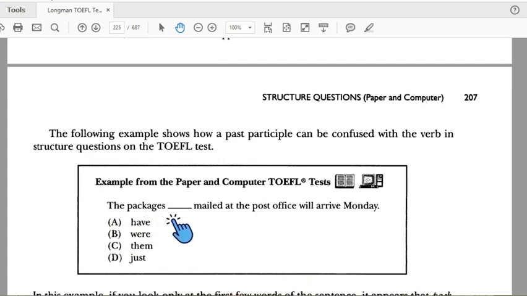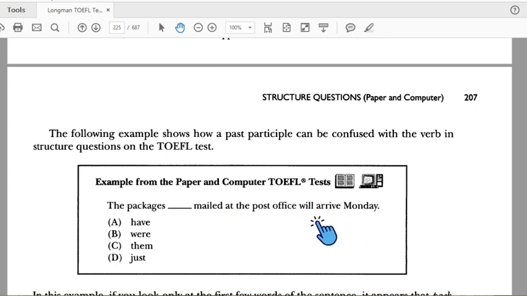Well, try to do it. Which one is the answer? A, B, C, or D? We try to find out first which one is the subject and verb, because we always try to find the subject and verb. This one is the subject. We're looking for the verb. We don't know if this is a verb or not, but we look again.